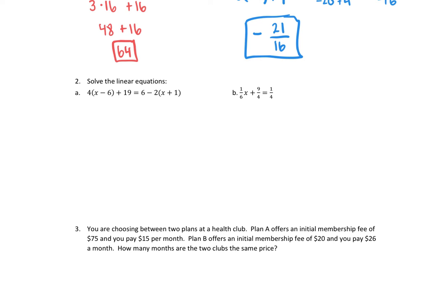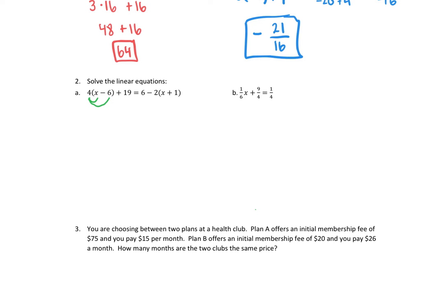All right, this next question on the first page, it says solve the linear equations. So we just need to solve them. To start solving, we want to simplify the expressions that are on either side of the equal sign. So in that case, we want to simplify this expression on the left.